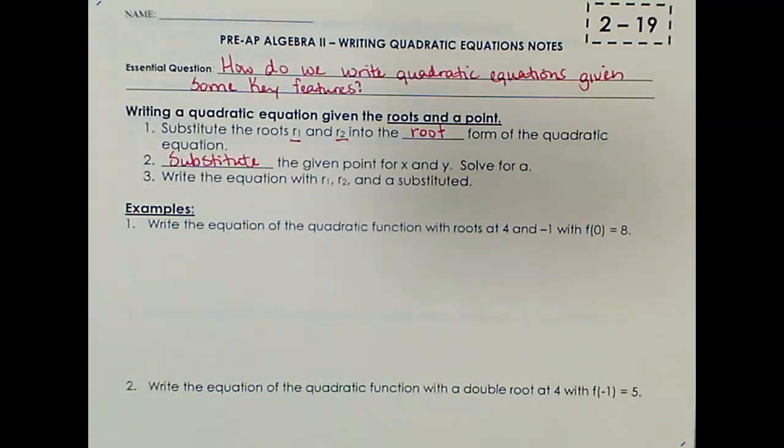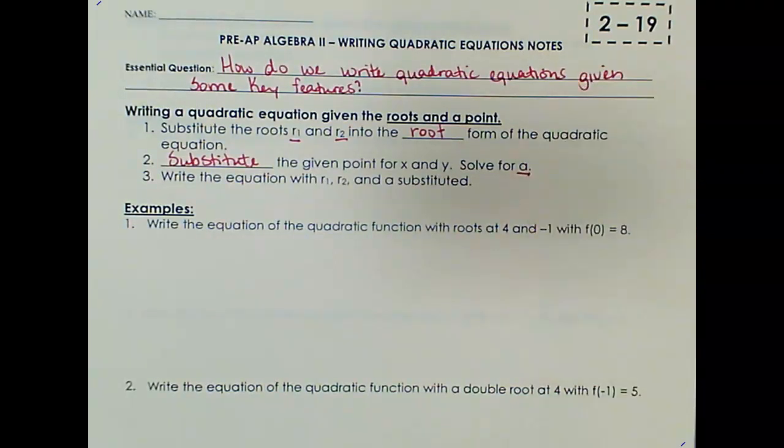Now, we haven't been putting things in place of x and y except for zeros when we're trying to find intercepts, or if we found the vertex and we found the x value, we plug in whatever we got for x and we get y. But we haven't actually put a point in place for x and y, and we're going to do that because we need the a value of root form.